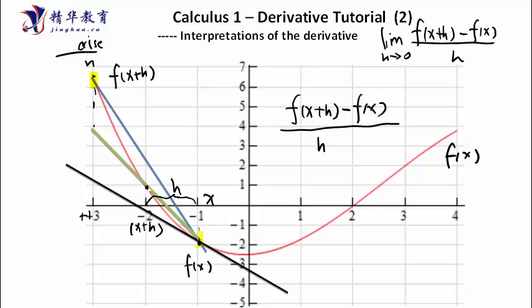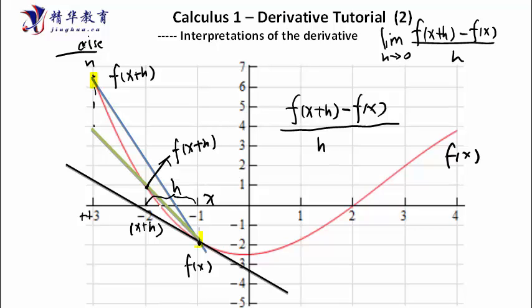So this y value here is still f(x plus h). So from the green line slope, we can still use f(x plus h) minus f(x) over h to represent it.